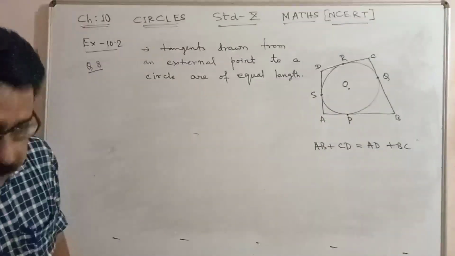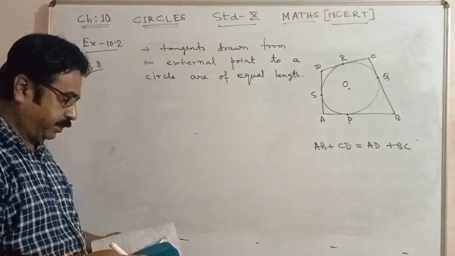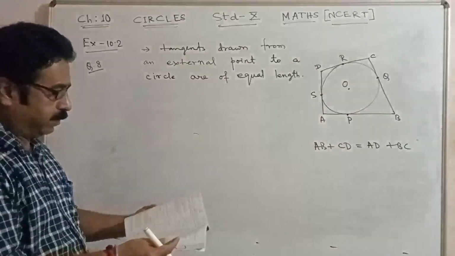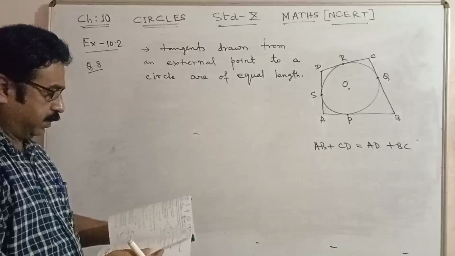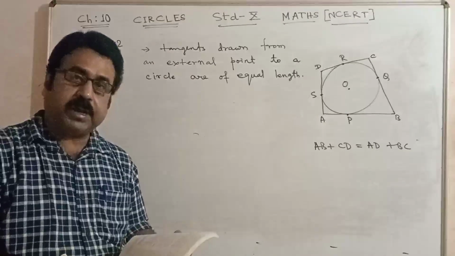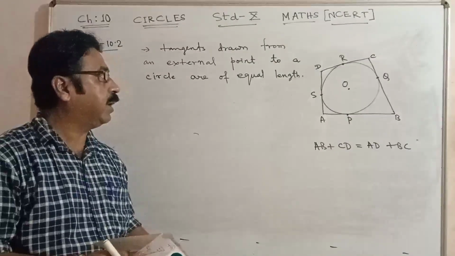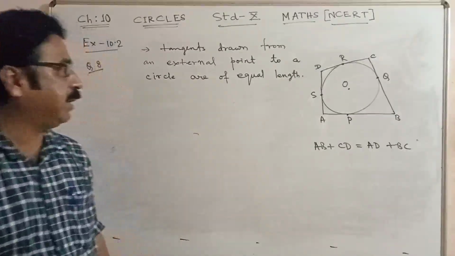This we studied in Theorem 10.2. The lengths of tangents drawn from an external point to a circle are equal. Theorem 10.2 that we are applying here.